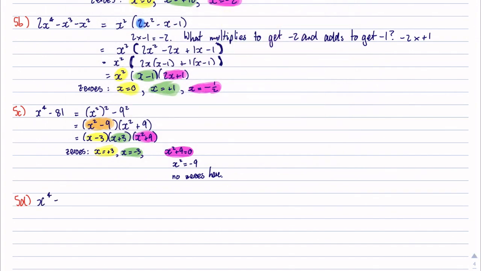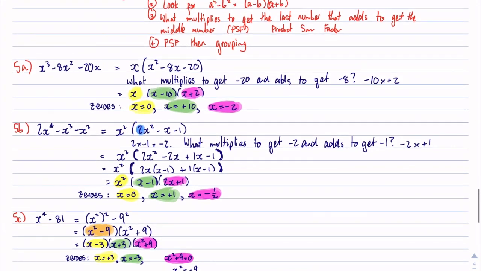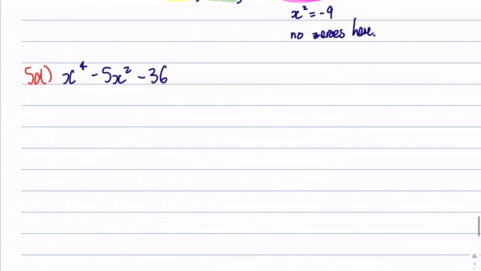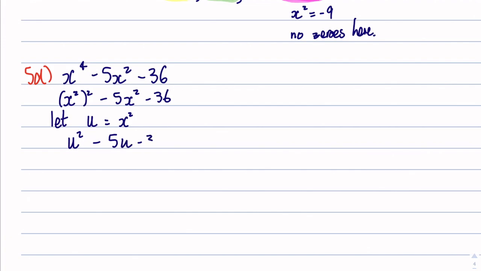x to the 4 take 5x squared take 36. There's no highest common factor here. And you may be looking at this and being like, Miss, we've only done things with squares. Well, x to the 4 is x squared squared. Let u, bear with me on this, equal x squared. Then I can write this as u squared take 5u take 36.